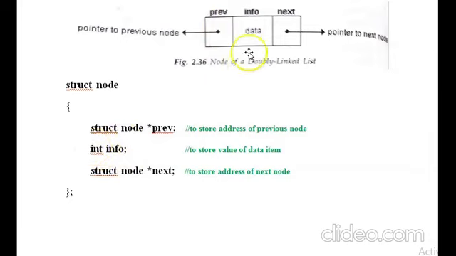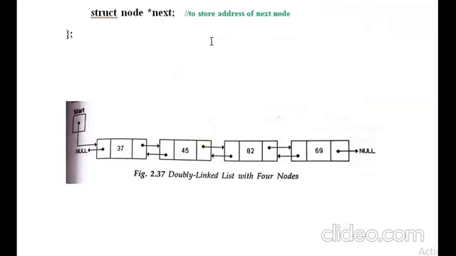And this one is the second link, which will be storing the address of the next node, struct node next. This is also a self-referential pointer. With such a structure we can have this type of node, and such nodes can be linked together to form a doubly linked list, which looks like this.